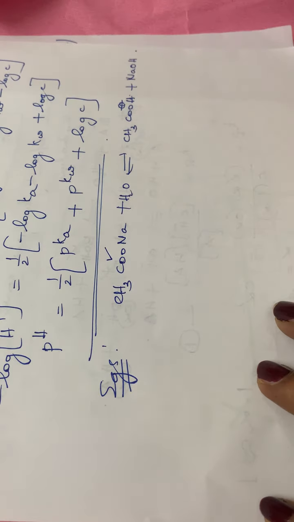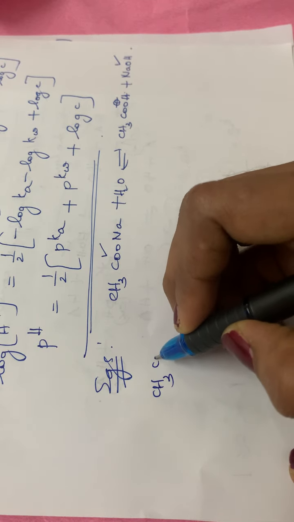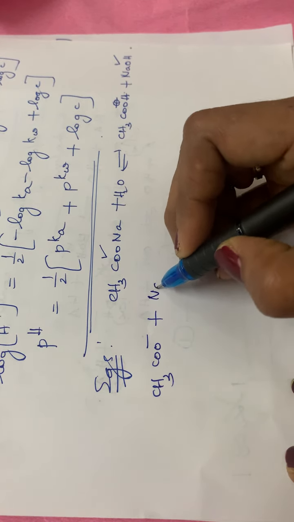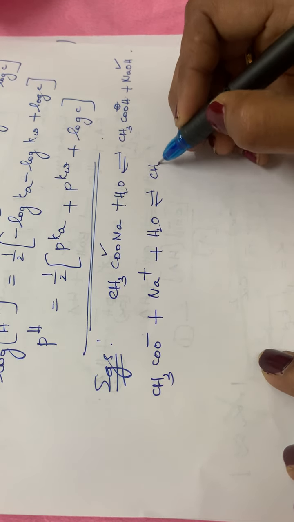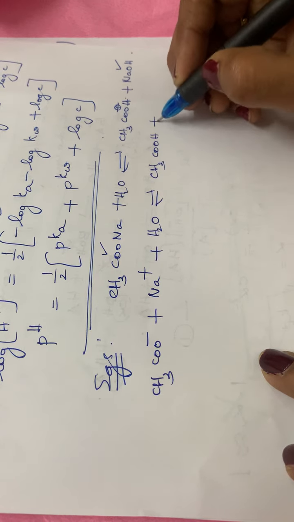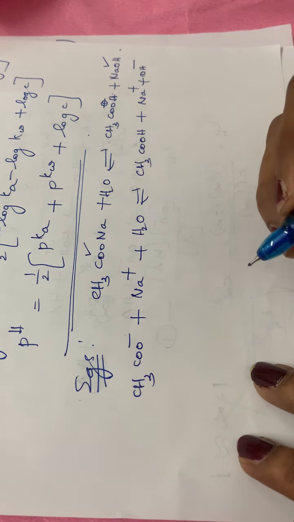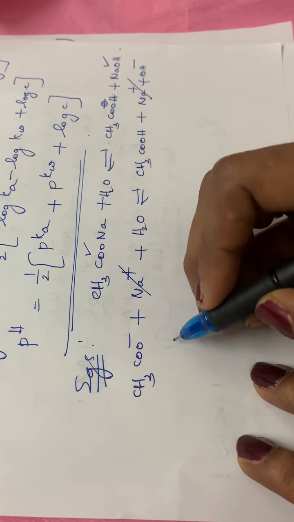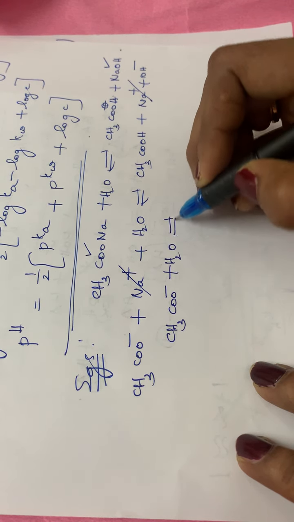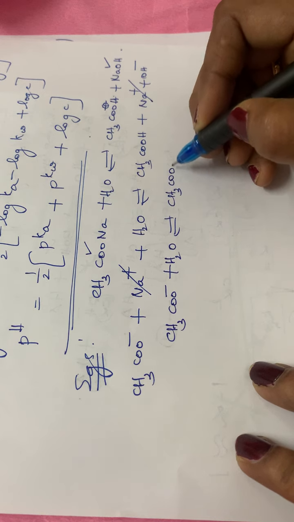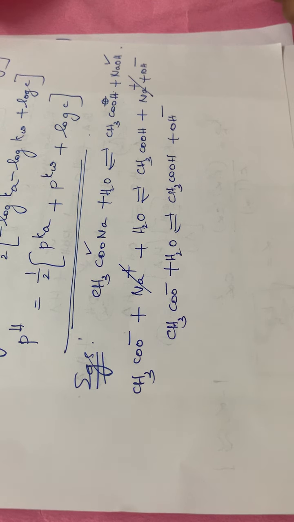So again, the salt will be completely ionized and the strong base will be completely ionized. Therefore, we can write it as CH3COO minus plus Na plus plus H2O, giving acetic acid, weak acid, so not completely ionized, plus sodium hydroxide, completely ionized, so Na plus OH minus. So here Na plus will be cancelled, so it becomes CH3COO minus plus H2O, giving CH3COOH plus OH minus. From this equation we can write the hydrolysis constant also.